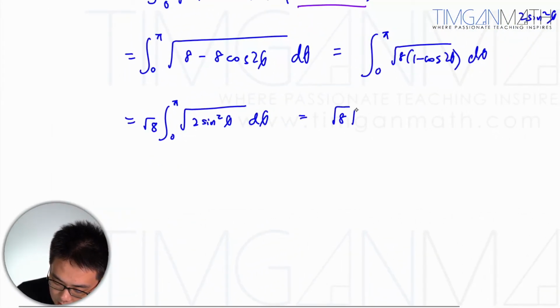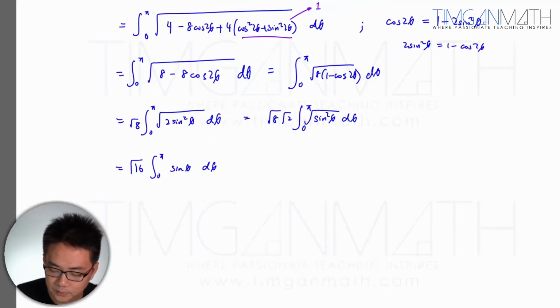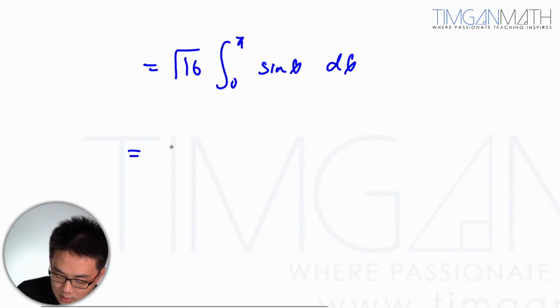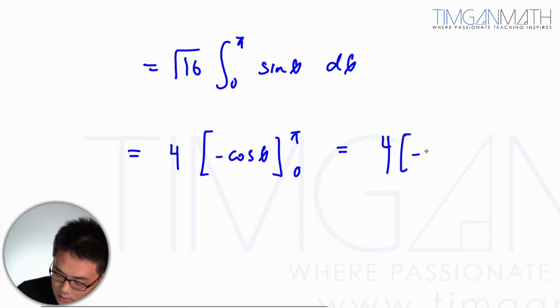So root 8 times root 2, from 0 to pi. You get a very simple sine theta here. So this is root 16, from 0 to pi, of sine theta d theta. So this is 4, and this will just be negative cosine theta from 0 to pi, so 4 times negative cos pi minus cos 0.